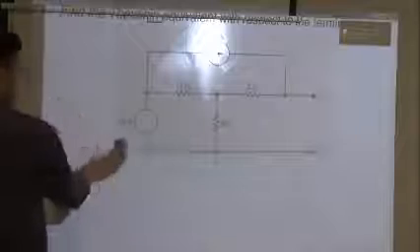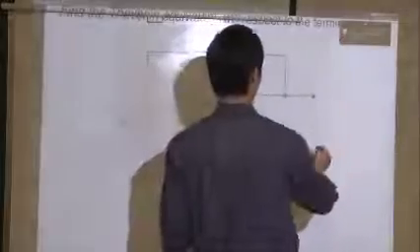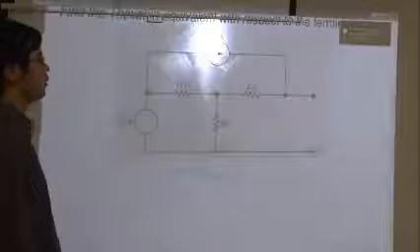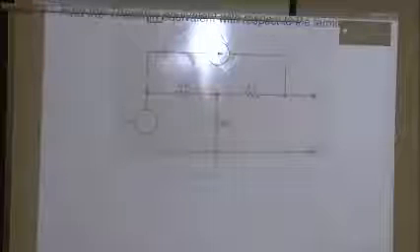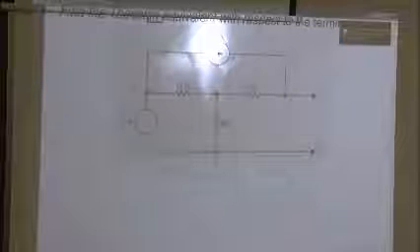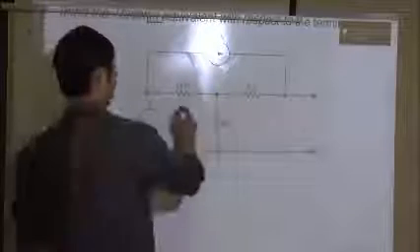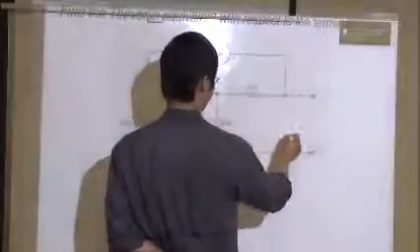So now we need to find out what's the short circuit current. Now, if I short here, what's the current? Any idea? So we can use mesh, right? This is I1, this is I2.